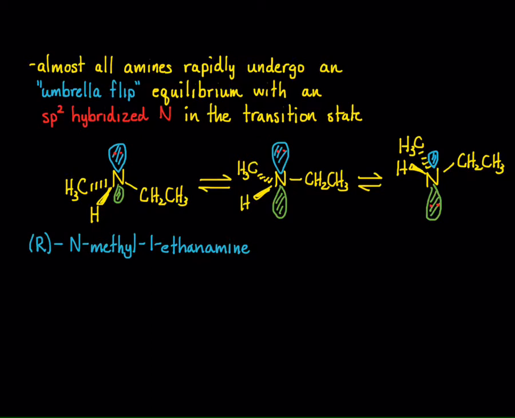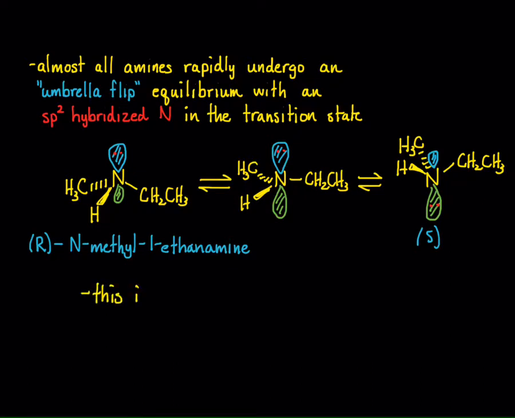And notice if I think about the absolute configuration of now this stereogenic nitrogen, I see that it's S. So I go from R N-methyl 1-ethaneamine to S N-methyl 1-ethaneamine. What does this mean? Well, this is happening in equilibrium, and it's happening very quickly.